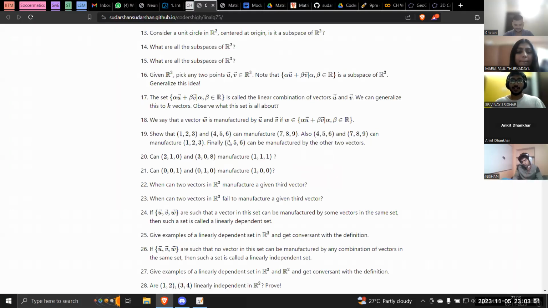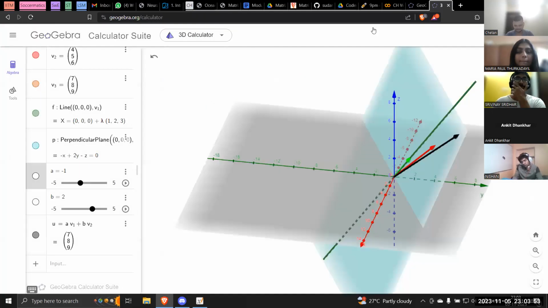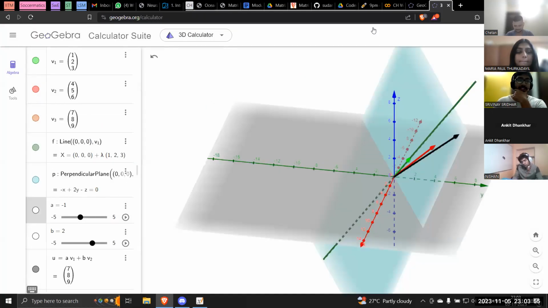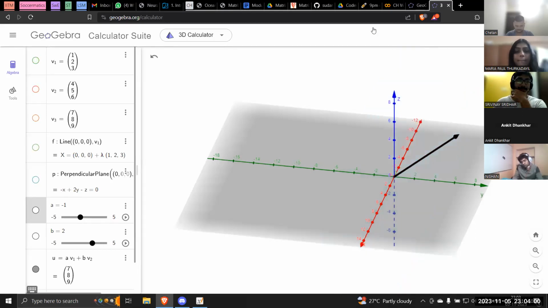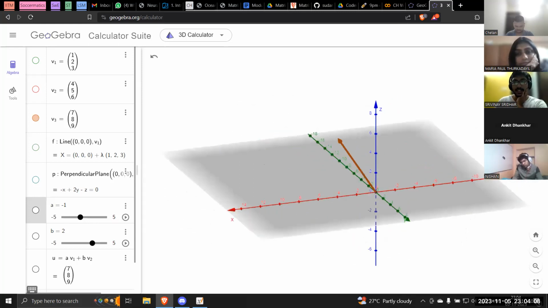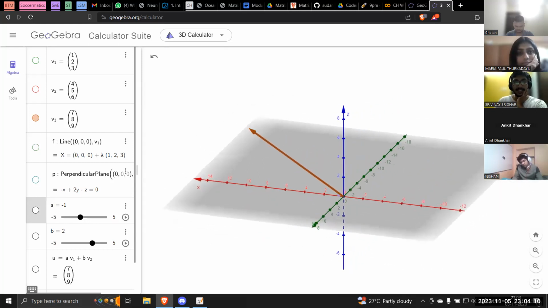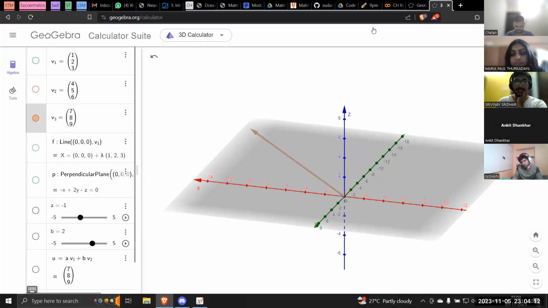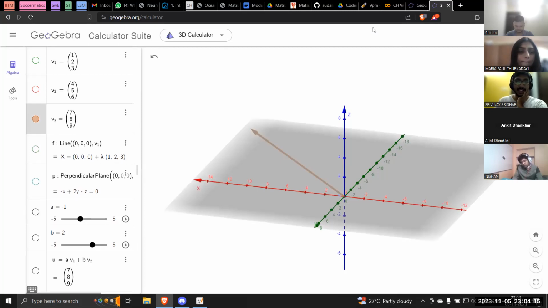Now, what if I started taking the suggestion of Chetan, or maybe I started with Nishant's suggestion first, right? So Nishant gave me the suggestion, go to this place 7, 8, 9, right?